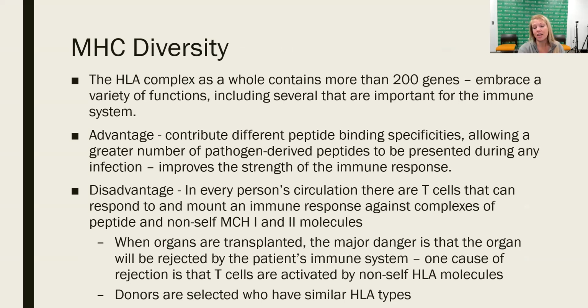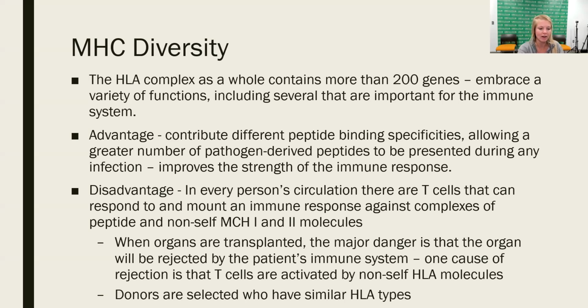The diversity that an individual has with MHC is going to be much less than what we see with antibody or T cell receptor, but the specificity isn't as tight, and that helps a lot. The HLA complex contains about 200 genes, with a variety of different functions.